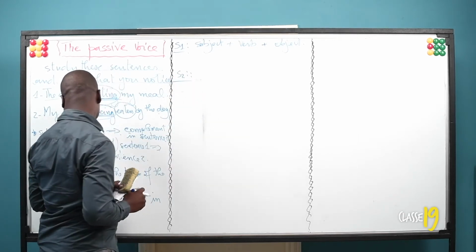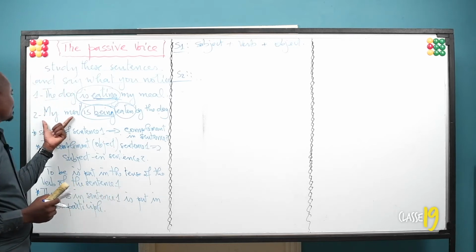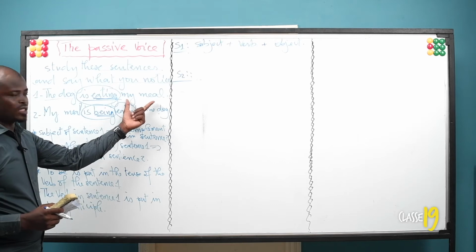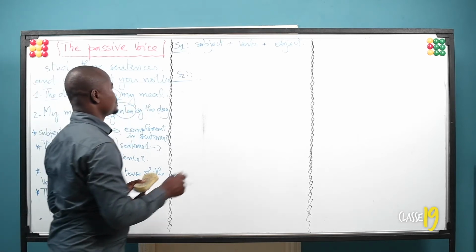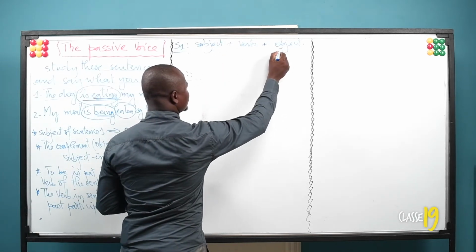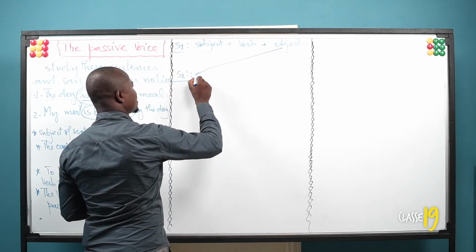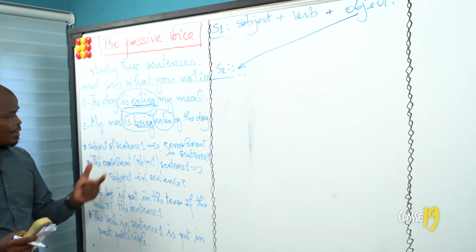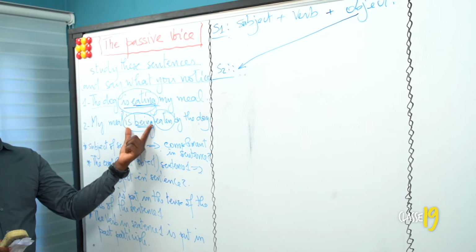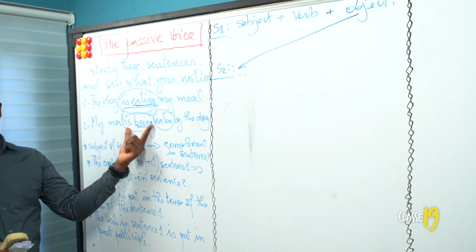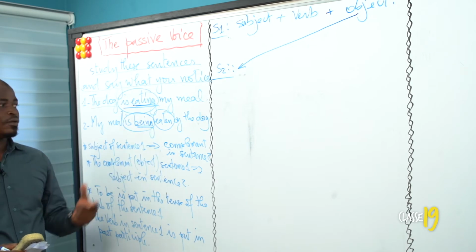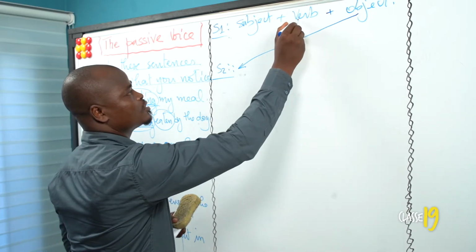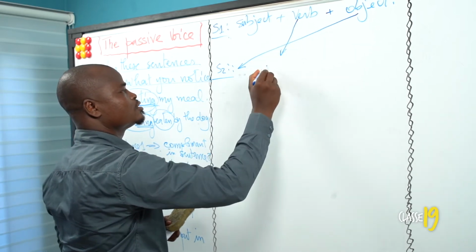Now the sentence 2, S2. What is the construction? Here we have the meal, which in sentence 1 is the object. So we have object, which becomes the subject in sentence 2. And here we have is being. It is the verb to be in the tense of the verb in sentence 1. So we have to be.